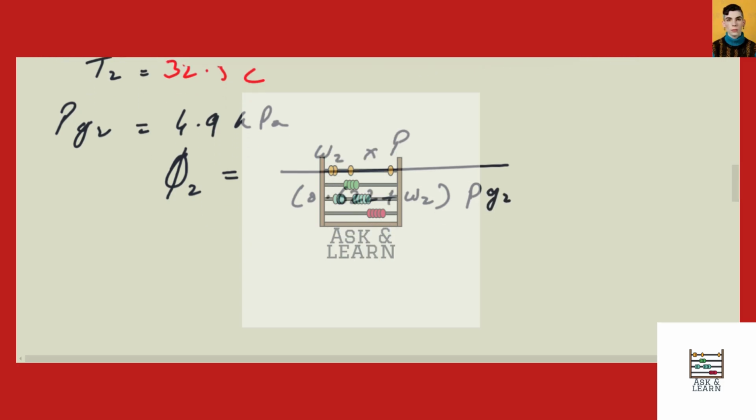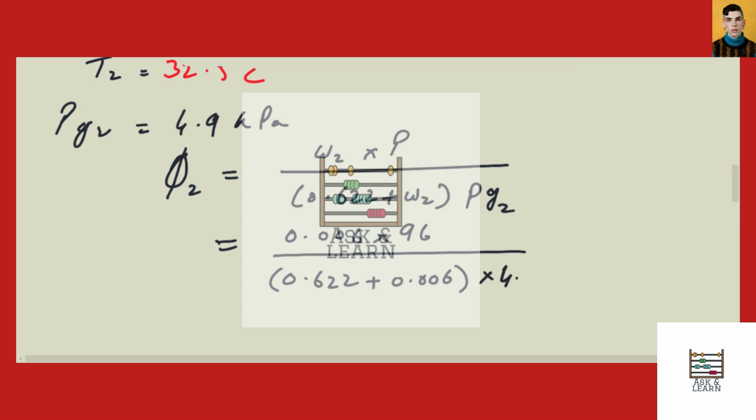So now we put the values and we get 0.006 multiplied by 96 divided by 0.622 plus 0.006, and that is multiplied by 4.9.